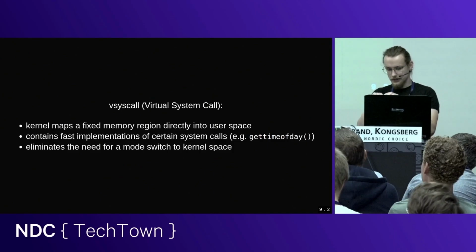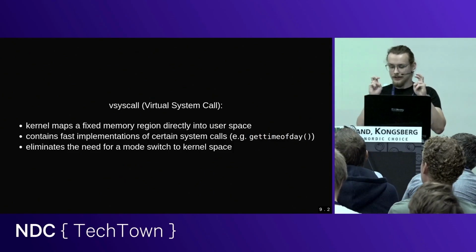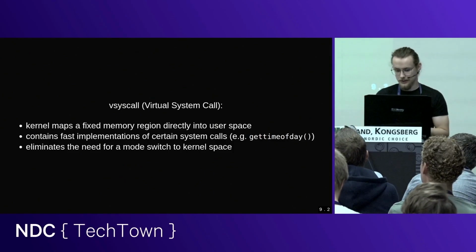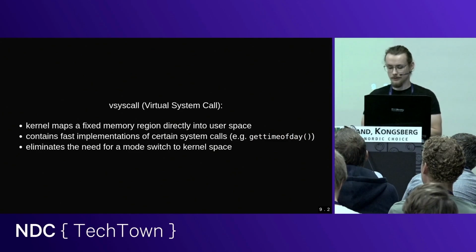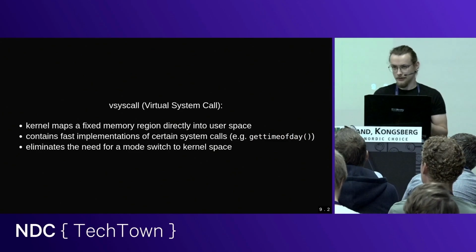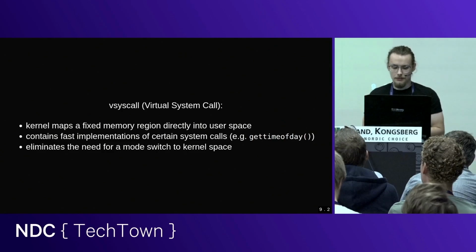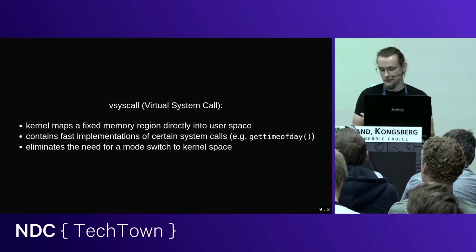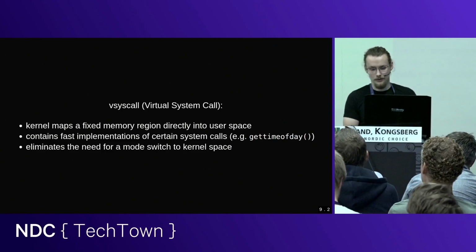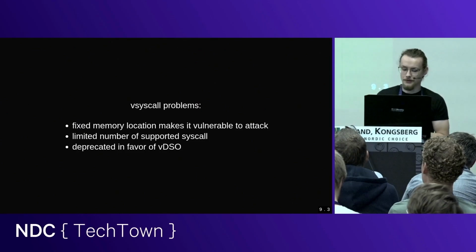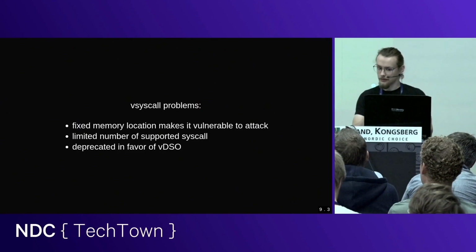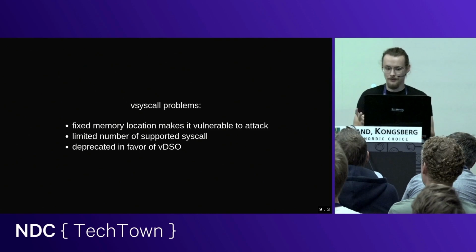So this part of the kernel, which contains some frequently used functions which don't need to be protected by the kernel mode, has been mapped to the user space. That's why we can see it in the listing. So the user application can directly call these functions without switching to kernel mode. It has a couple of problems, because it's always mapped into the same location. That was the idea, so the program knows where to find those functions.